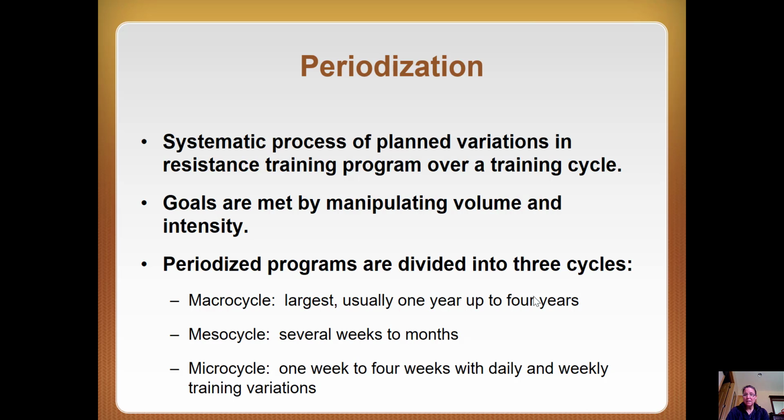And then you have microcycles, which are the smallest, and they go from 1 week up to 4 weeks with daily and weekly training variations. So those microcycles constantly have variations happening within them, whether they be daily or weekly variations. Okay, so microcycles make up your mesocycle, which makes up your macrocycle. Okay, three areas of the periodization program.